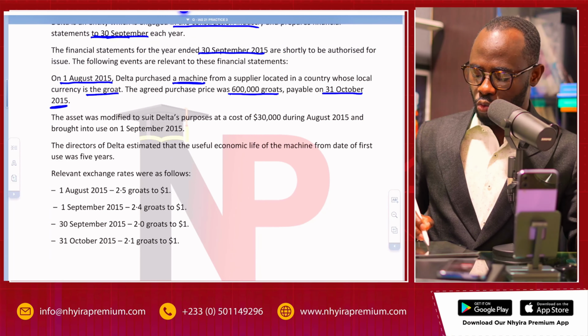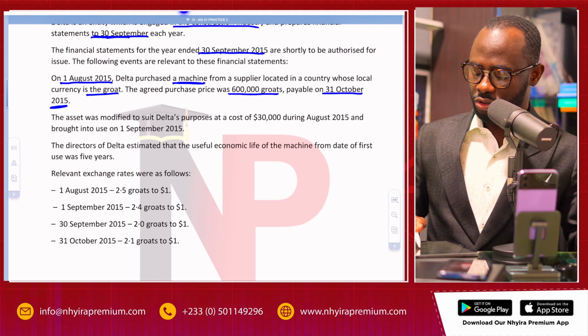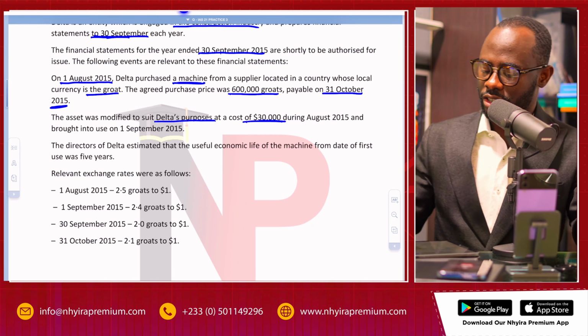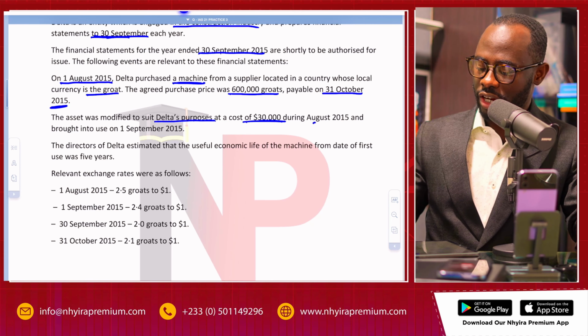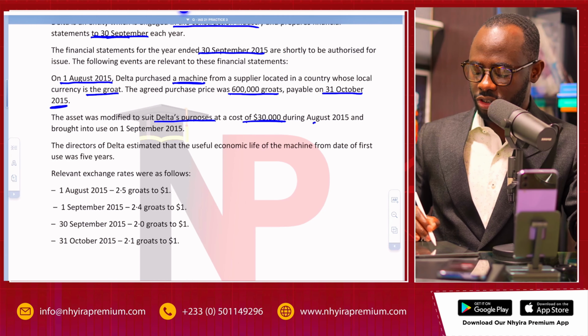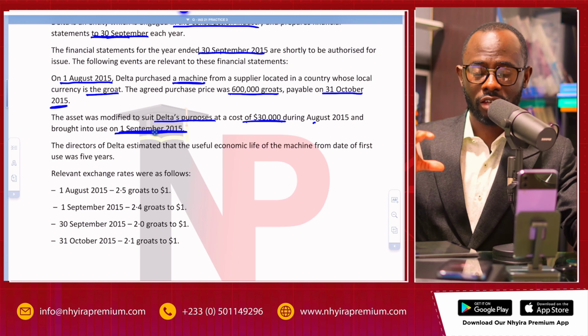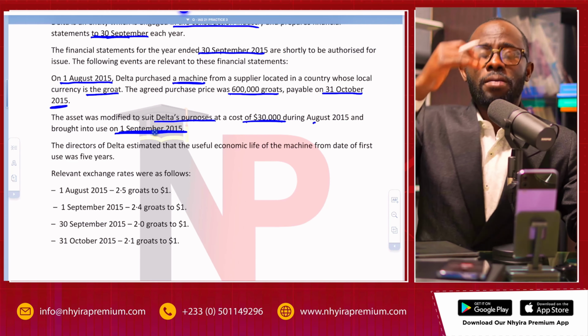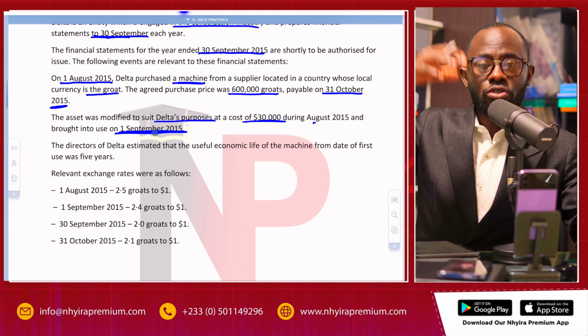The asset was modified to suit Delta's purposes at a cost of 30,000 during August 2015 and brought into use on 1st September 2015. Stay with me carefully. So after buying the asset, they had to do modification.